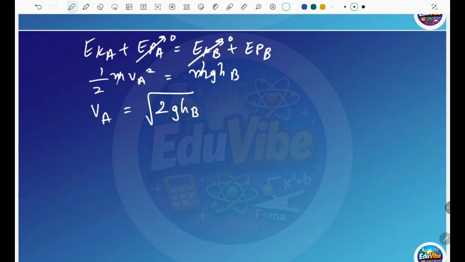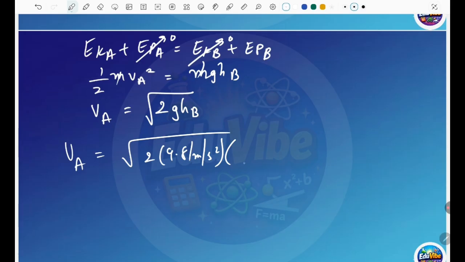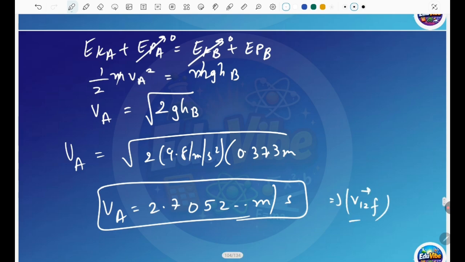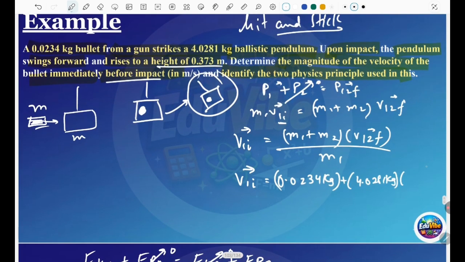So vA is equal to the square root of 2 times 9.8 meters per second squared times hB, which is the height given to us, 0.373 meters. That vA is 2.7052 meters per second, and this is also our combined final velocity. So we have to put this over there.